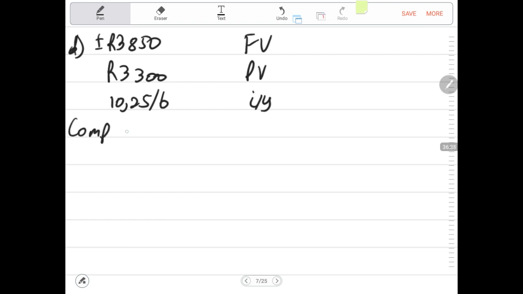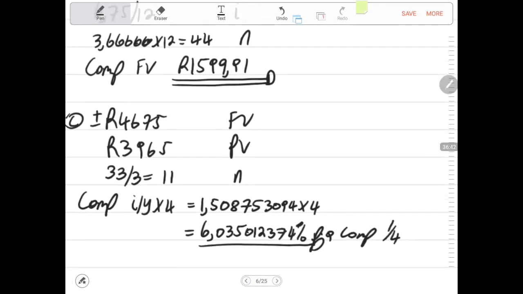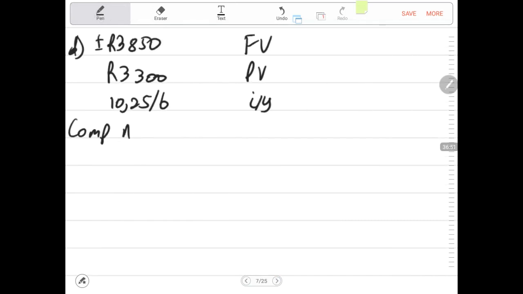We compute our N. Previously, did we say compute I/Y, then times that by 4? Yes. So now we compute our N. When it comes to our N, once again, we will need to divide by 6 in this case, because it is compounded 6 times a year.